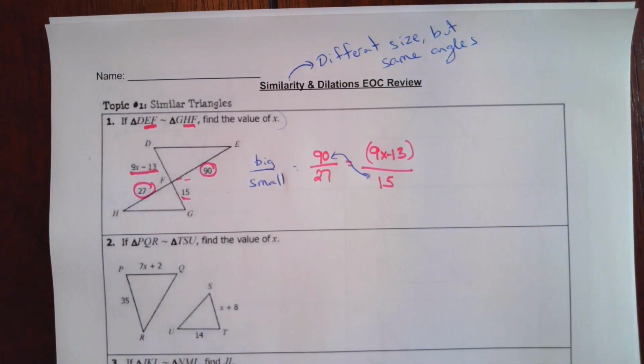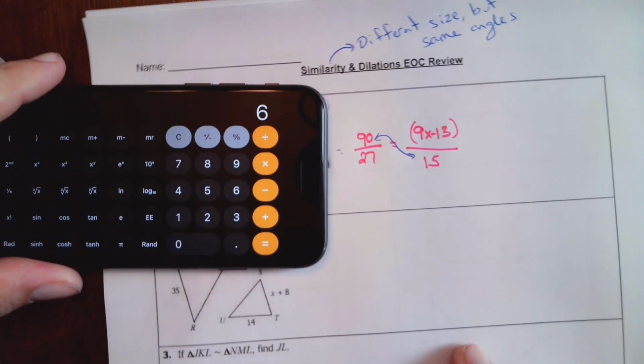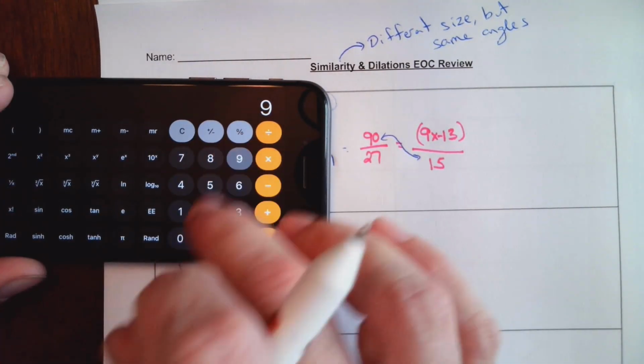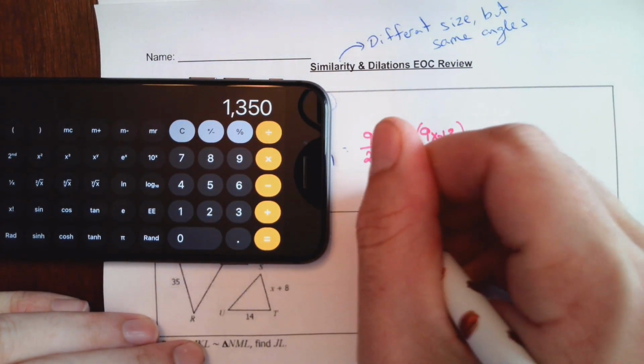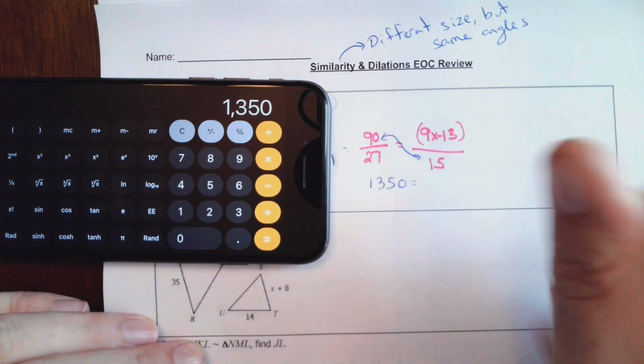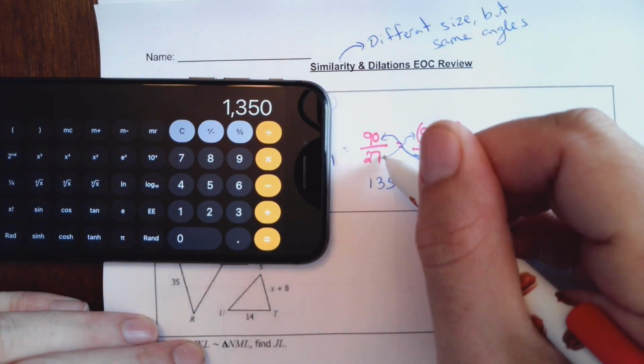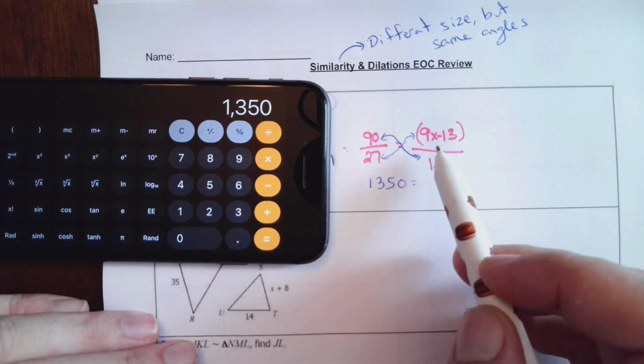So 90 times 15. I'll get the calculator out here. 90 times 15 gives me 1,350, and that's going to equal, I got to do 27 times both of these.